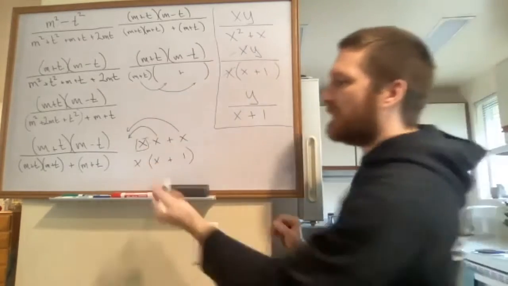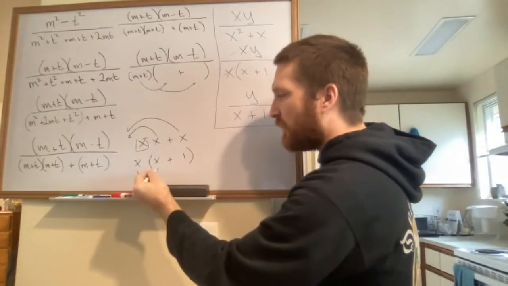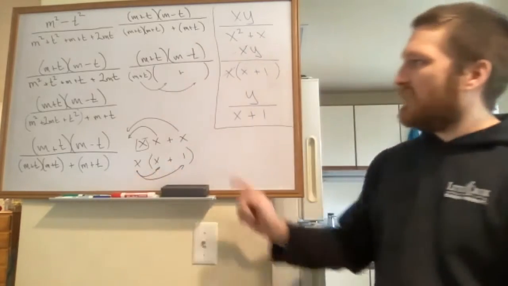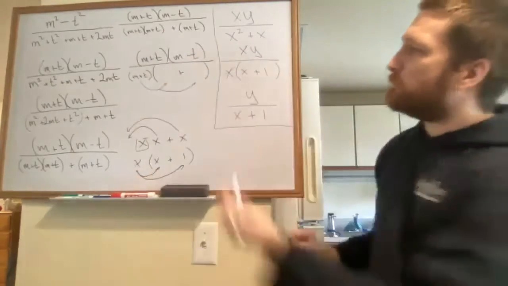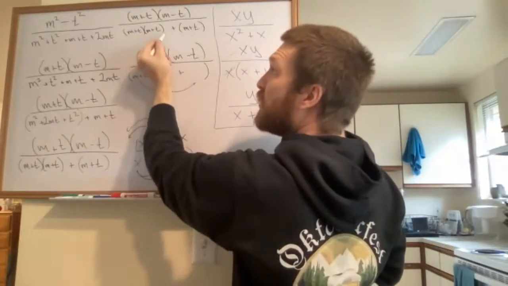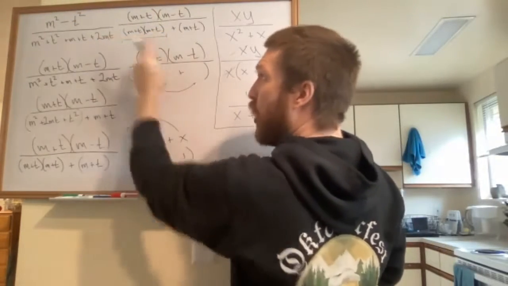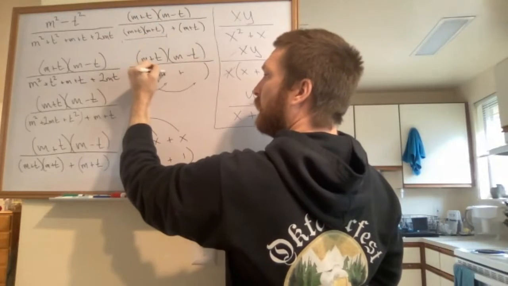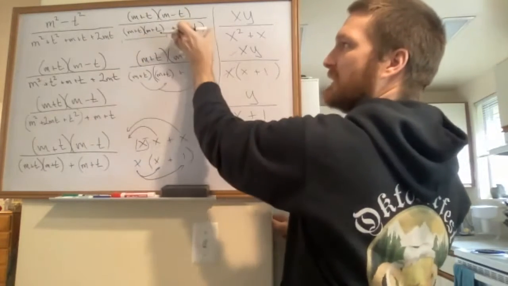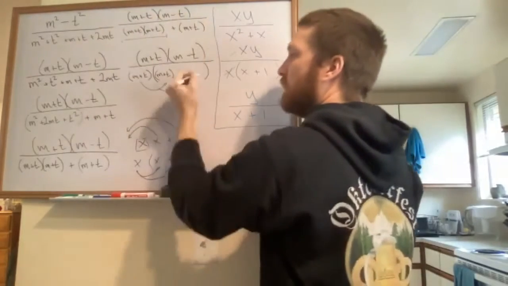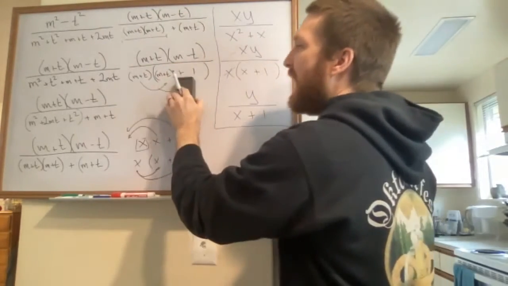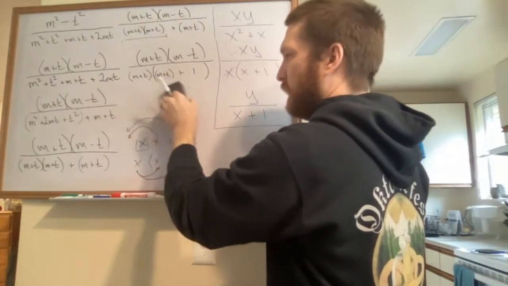And we could double check that when you multiply this back through, you get x times x, and then plus an x. So it's the same kind of thing happening here. Pull out one of those m plus t's from this first thing, and what's left over is 1 m plus t, like that. Pull out an m plus t from the second thing, and what's left over but a 1 right there. So that is now factored.